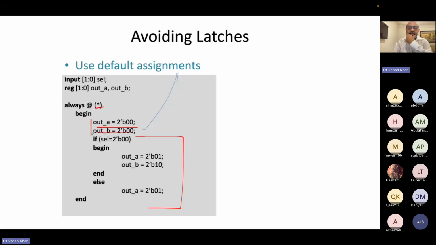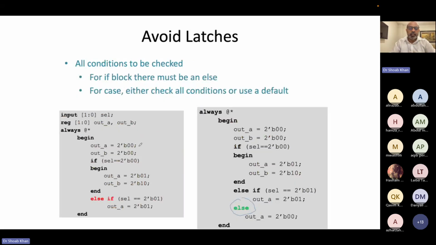Like here you have something as default, and then it's up to you to assign to A and B, and here you are only assigning to A in case of else if statement, and not assigning to output B. So if select is 2'b00, this is the assignment.